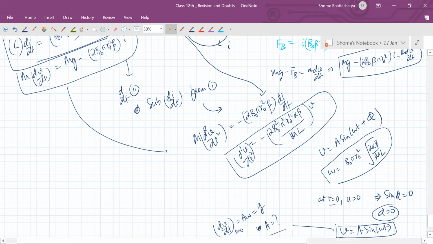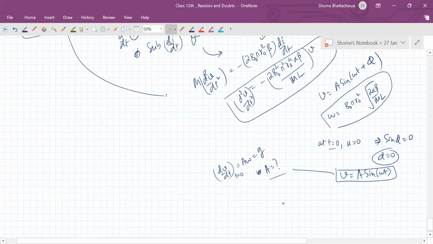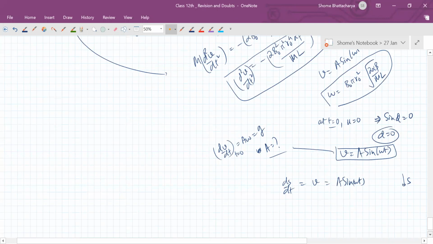Okay. Now once you got v like this, what about your displacement? So ds by dt is a sine omega t, where the displacement is s in the downward direction. So a sine omega t dt integrated from 0 to t will give you 1 minus cos omega t.